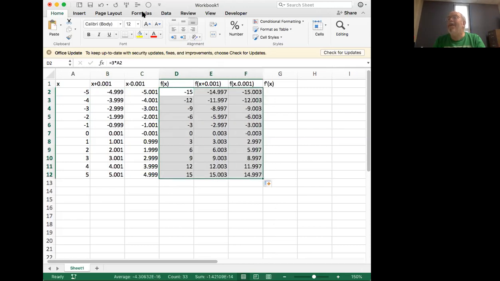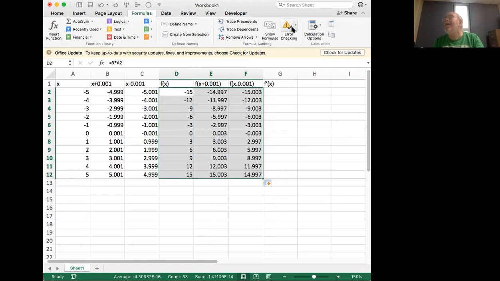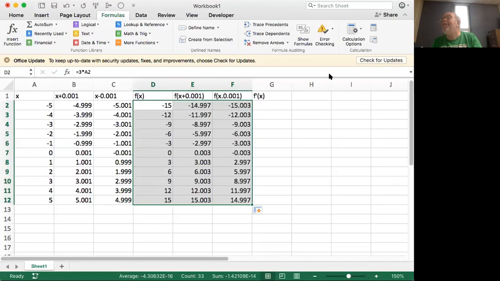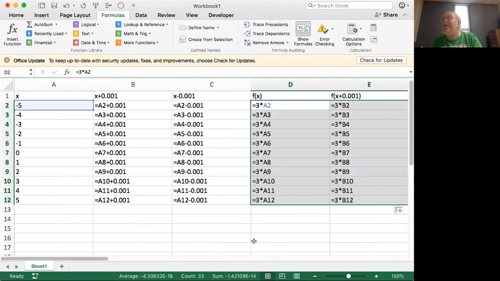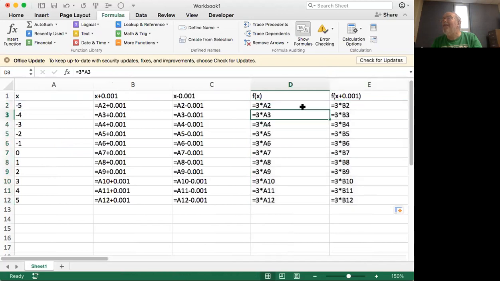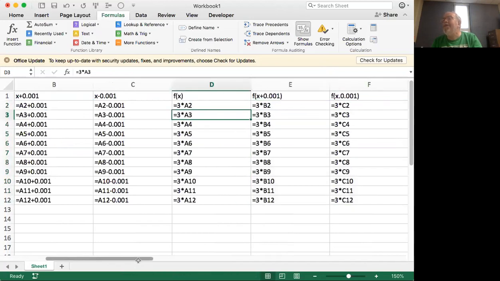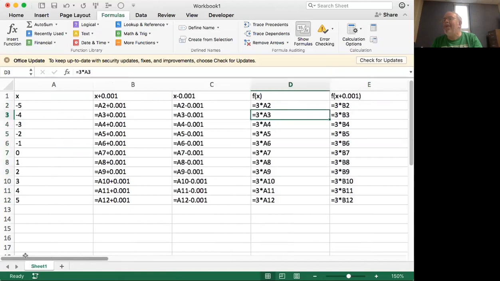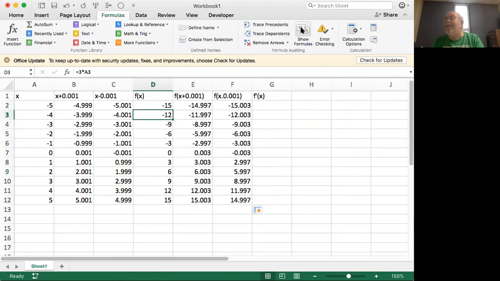And if I look at my formulas and show my formulas, I need to make this a bit broader to see show formulas. You'll notice that A2 has become B2 and become C2. So I only had to type the formula in once. And for me, that's a great advantage because I'm one of the world's worst typists.